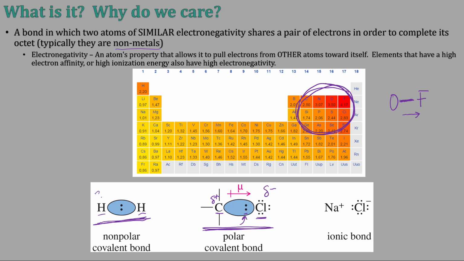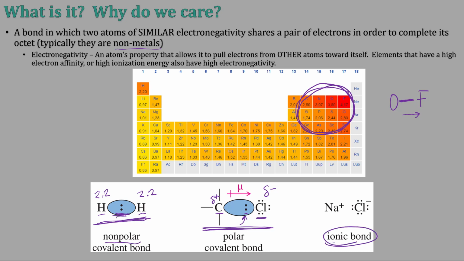If they have the same electronegativity, they're going to share these electrons equally, and neither one can pull the electron density towards itself. So they share them completely equally, and that's a nonpolar covalent bond.